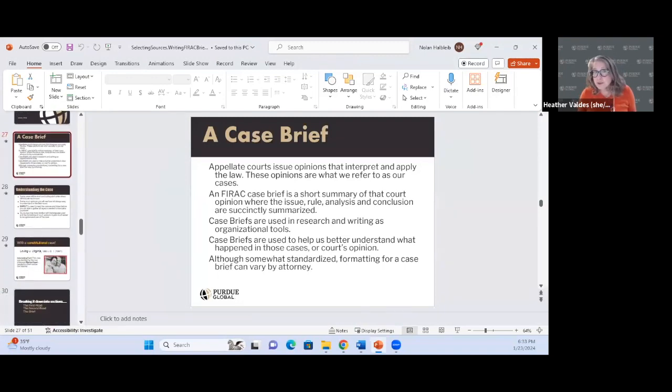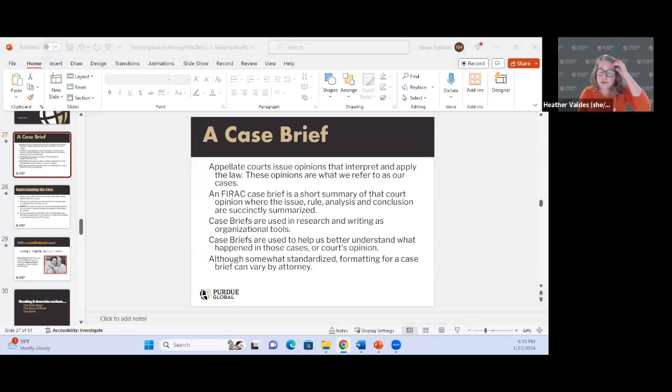We use case briefs in research and writing. It's not something that you often will submit to a court, although I have been asked by a court to brief a new case that came out and submit the brief to the court. And when the court asks you to do it, of course you do it, but it isn't something that you're often asked to do. This is something that we work on in our office.